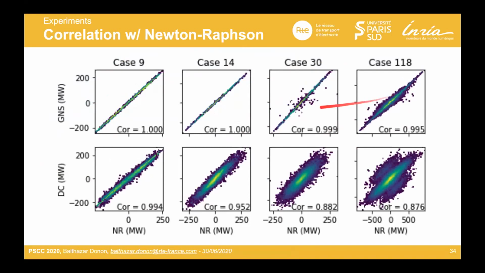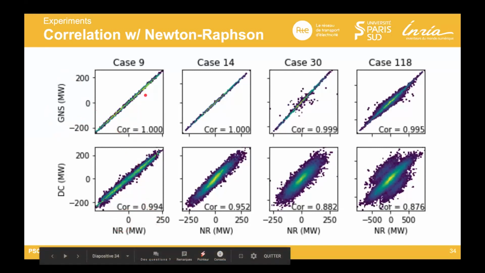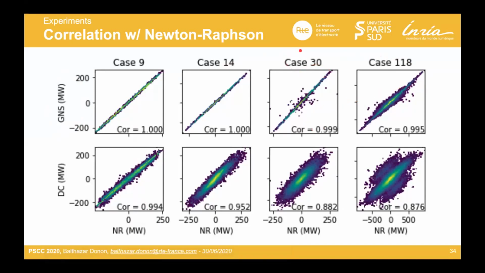Keep in mind that the graph neural solver was trained without any information about the Newton-Raphson method. But we still managed to have a pretty decent correlation, even though we can see that the larger the grid, the lower the correlation. That's definitely something that we need to improve and work on to ensure scalability of such approaches.